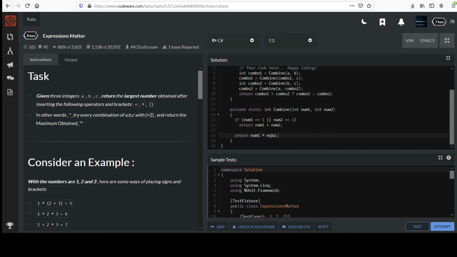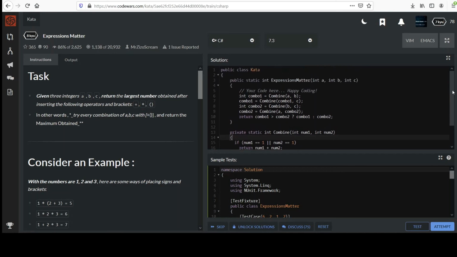And then it only gets worse from there. Consider 3 and 3. 3 plus 3 is 6, but 3 times 3 is 9. So this should cover us. This should always give us the maximum value for combining two numbers under the rules that we have with addition and multiplication.